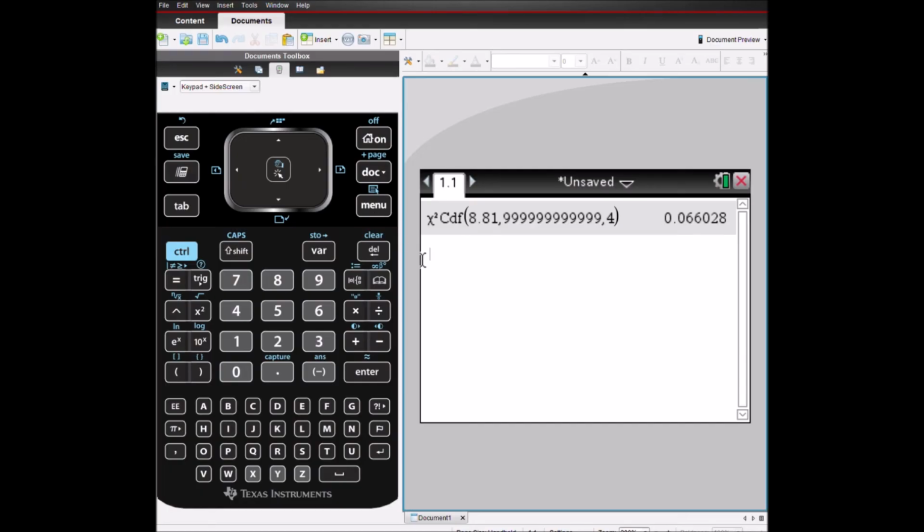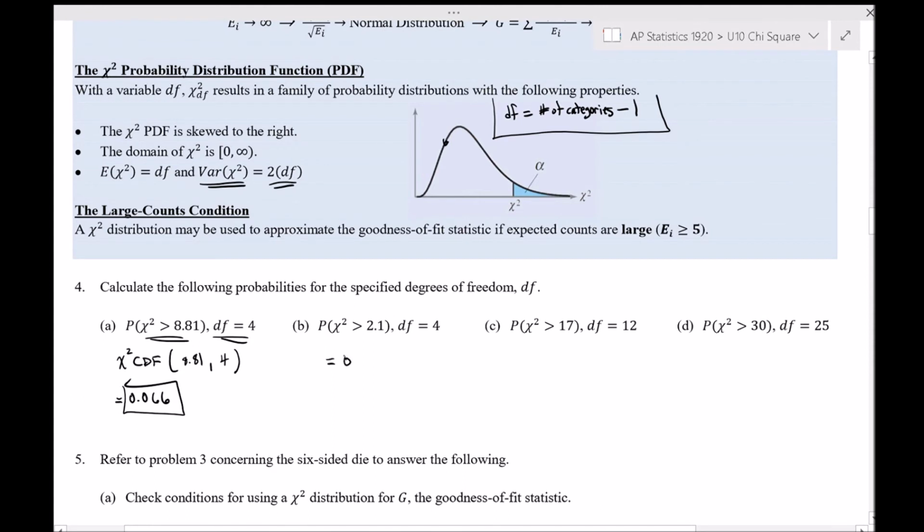So on a calculator, I think I could just cheat by copying and pasting what we just did earlier and changing that 8.81 to a 2.1. Press enter. We get a larger area than the one before, 0.7173. So it gave me 0.7173-ish or 4-ish if you want an extra decimal place.